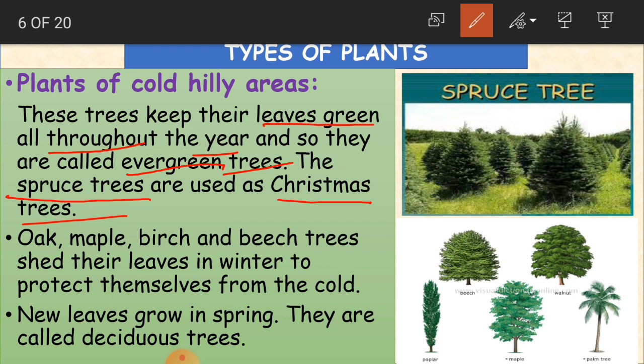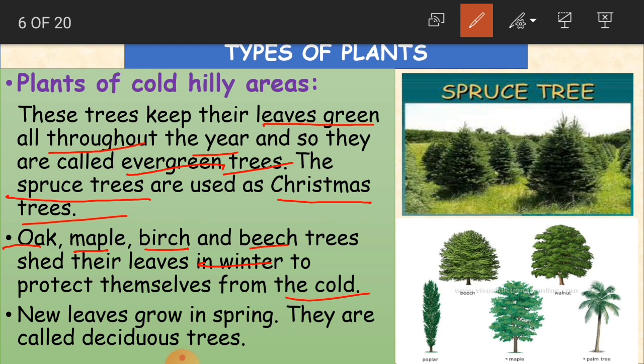Oak, maple, birch and beech trees shed their leaves in winter to protect themselves from the cold. These are another type of trees in cold hilly areas. What are they? Oak, maple, birch and beech. What do these trees do? They shed their leaves in winter. Why? To protect themselves from cold.